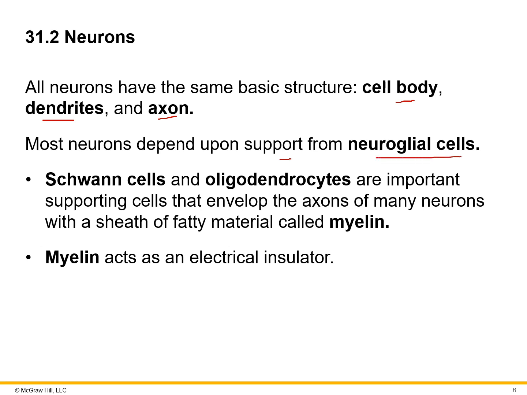A couple examples of these, Schwann cells and oligodendrocytes, are supporting cells, and they are going to produce a fatty material called myelin, and myelin is going to wrap around the axon, and it creates an electrical insulator. Just like a wire, it gets insulated so that it can conduct that electrical charge farther. If it doesn't have any coating on it, it doesn't send it very far. Same thing with our axons. That electrical signal from our nerves, this insulator from the myelin helps with that.